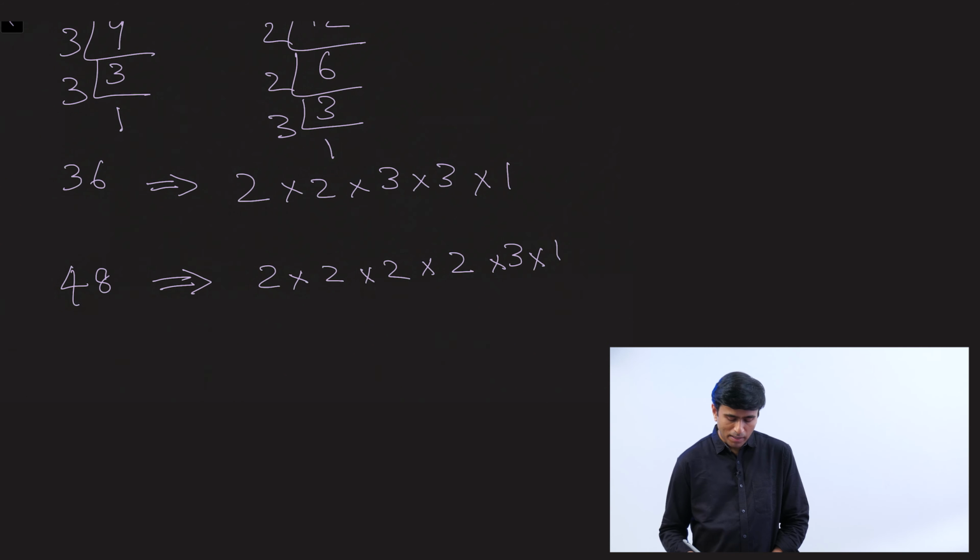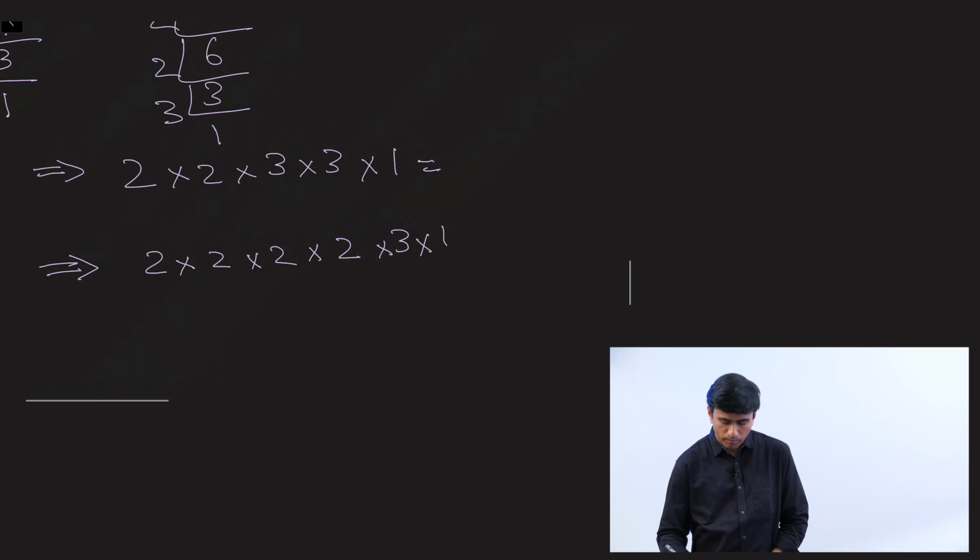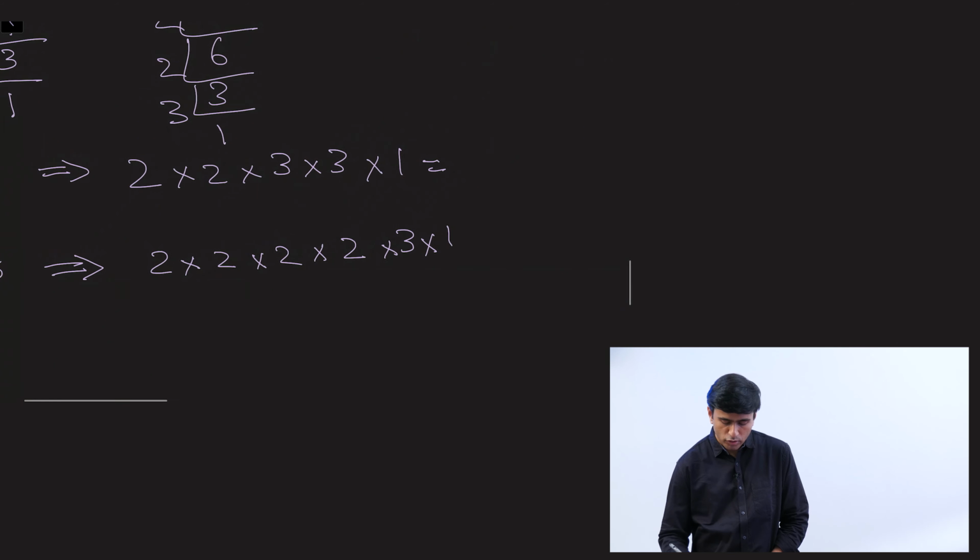Now, I'm going to write this in another form. We have learned this earlier. How do we write this in its exponential form? We can write 2 into 2 as 2 to the power of 2 and 3 into 3 as 3 to the power of 2.